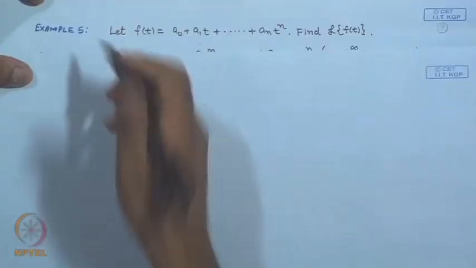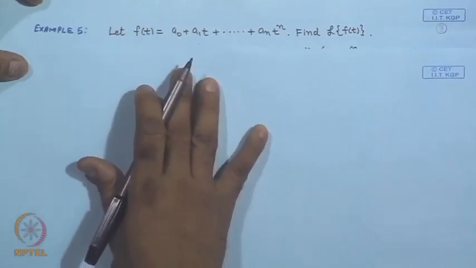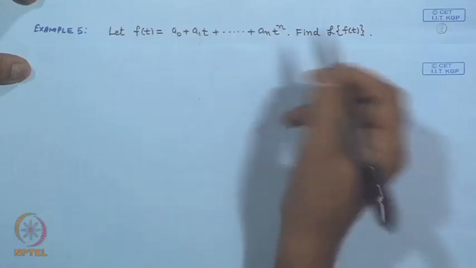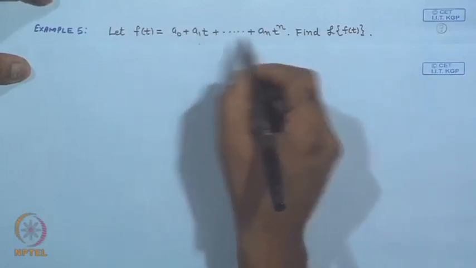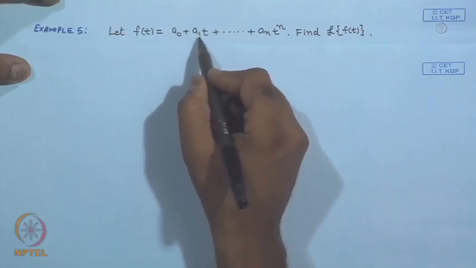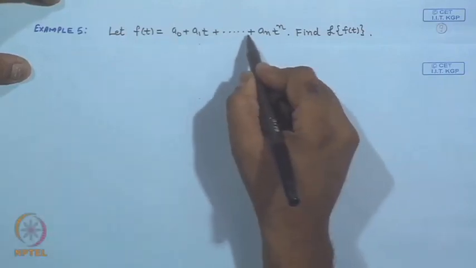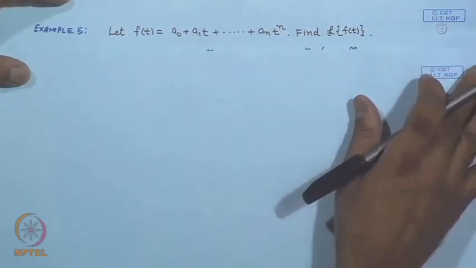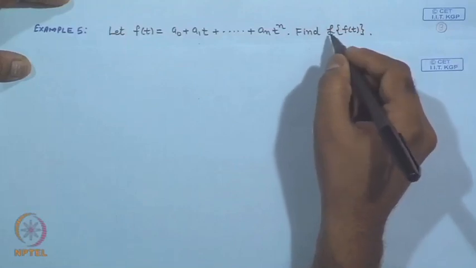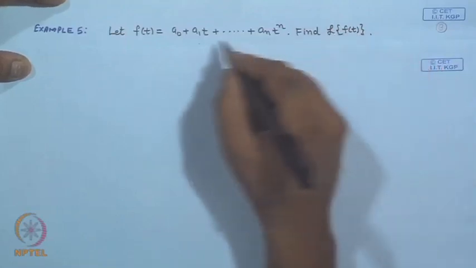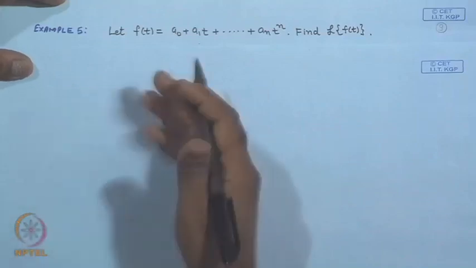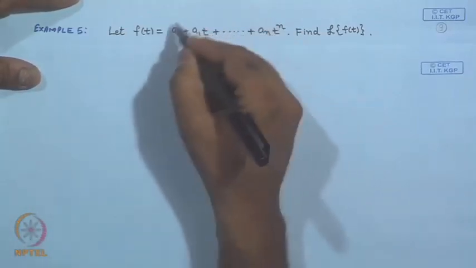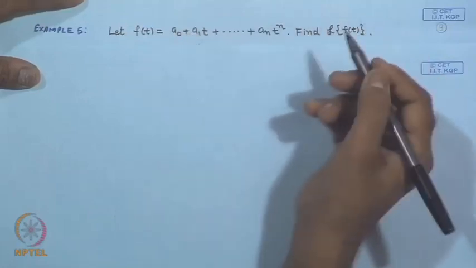Okay, so now next example we have, let f t be a linear combination of these powers of t. So, we have a 0 plus a 1 t plus and so on a n t n. So, it is a polynomial of degree n in t. Now, we want to find the Laplace of this function. So, what we do, as I have mentioned already, is that these transforms enjoy the linearity property.